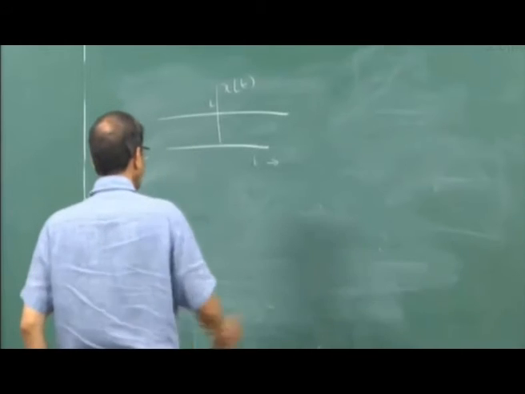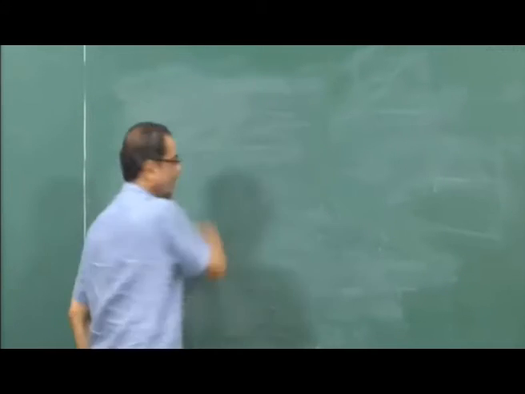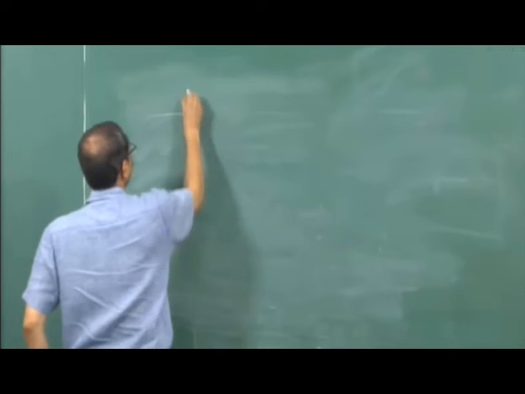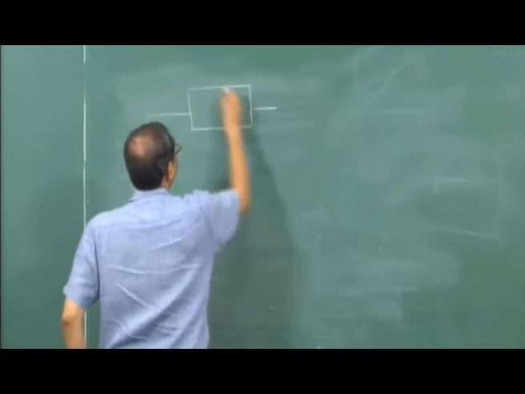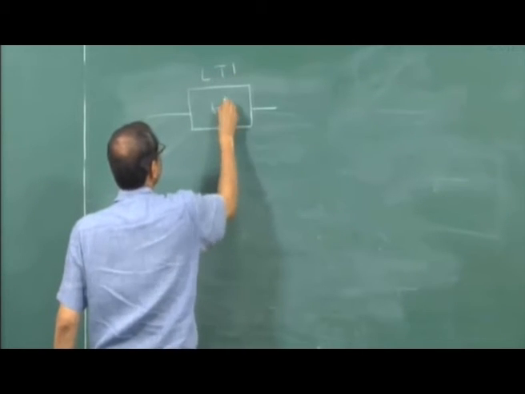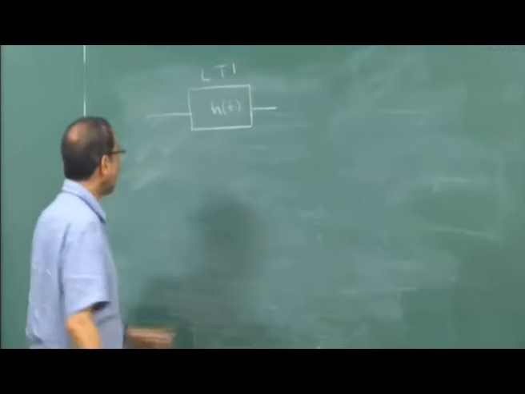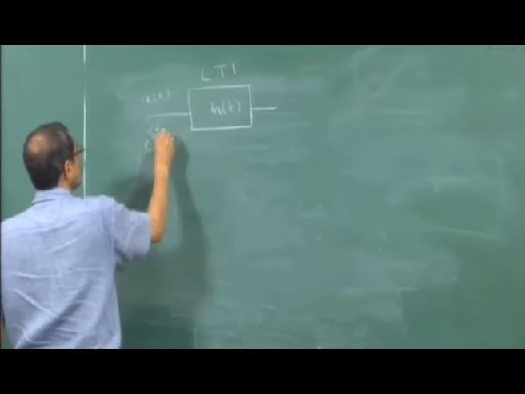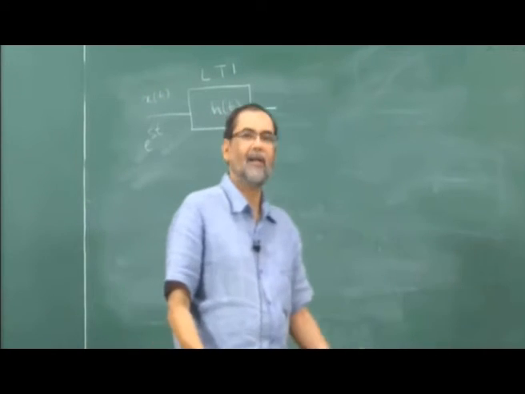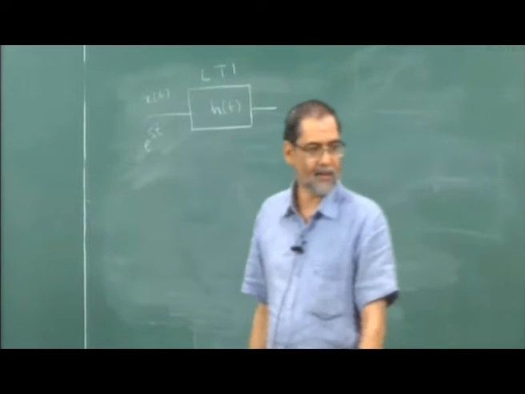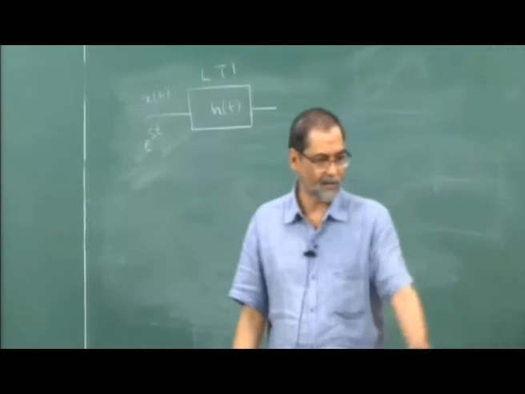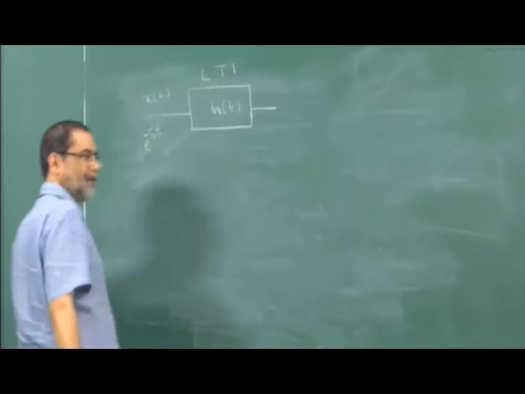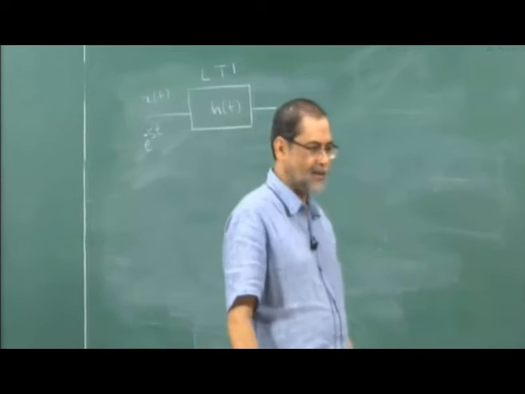You take an arbitrary LTI system with impulse response h of t, and you give a specific input, such as e to the power of minus st, which is an everlasting exponential.